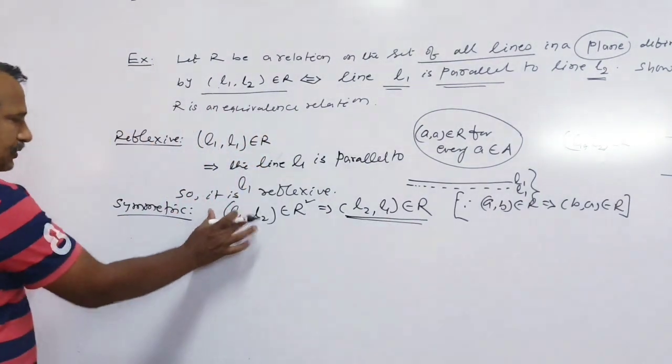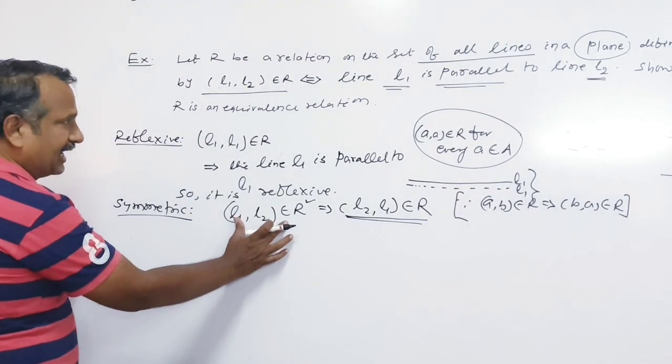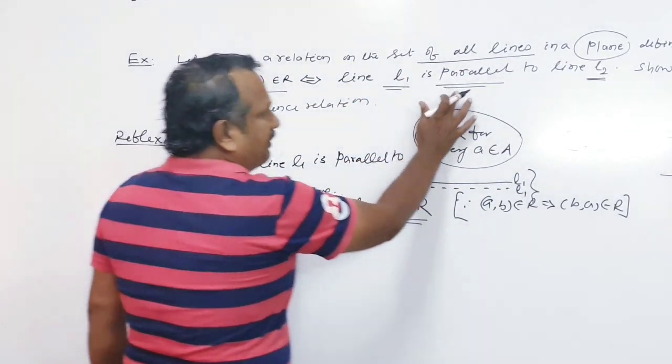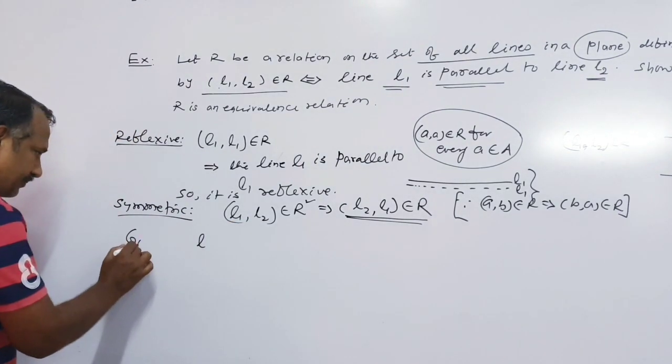Here the ordered pair (L1, L2) means that L1 is parallel to L2.